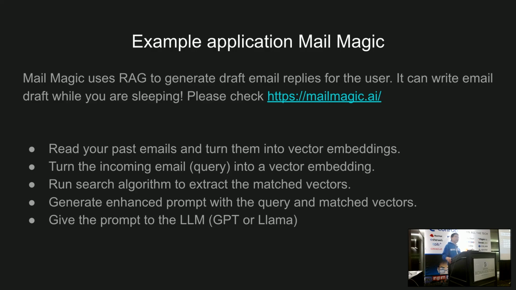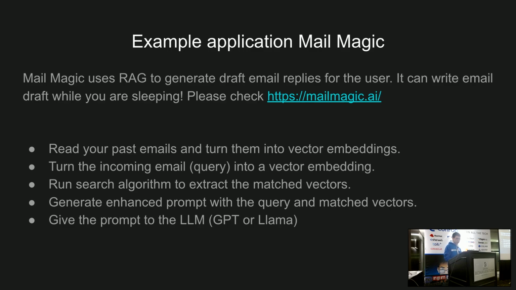Whenever an incoming message comes in, that's the query. We also turn that into vector embeddings, and then we run the semantic search to extract the matching vectors, the matching documents. From the matching document, we find the past response the user sent, extract that as a few-shot example, and feed it back into the prompt.